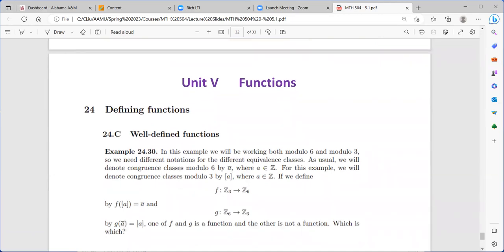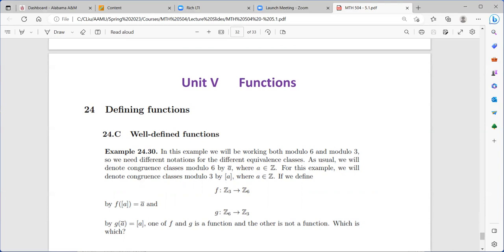As the last example in this section, let's do one more example: functions defined on congruence classes, and we want to know whether it gives a well-defined function or not.